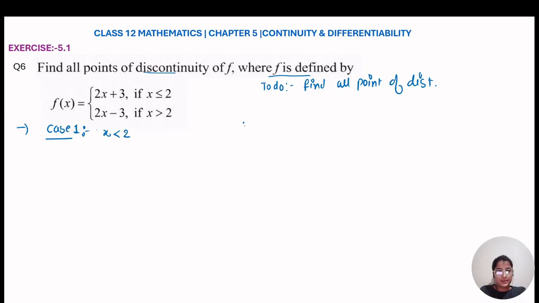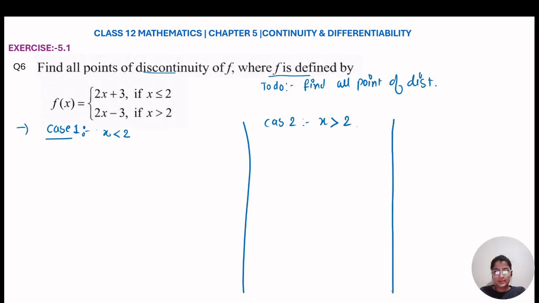Case 2 is when x is strictly greater than 2. Case 3 is when x is exactly equal to 2.